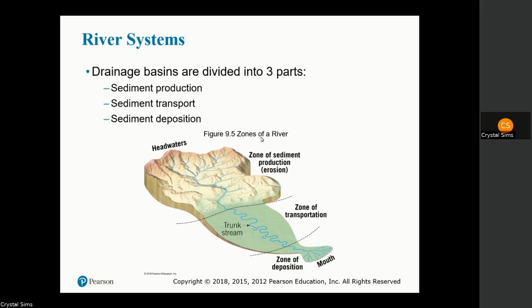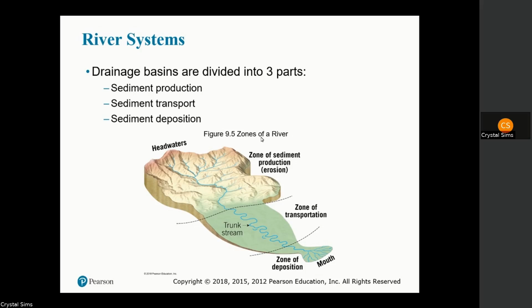So the sediment is going to accumulate at the mouth of the river to form a delta, which we'll learn about here in just a minute, or it can be moved by wave action to form coastal features like bays and estuaries or sandbars, or it can get into the ocean currents and be moved way offshore.